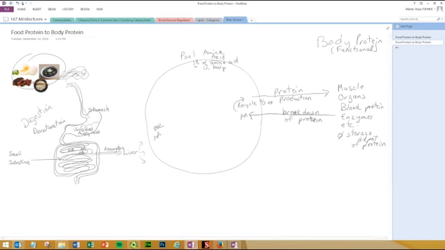We cannot force the production of protein by eating more protein. This protein cannot be forced. This is very, very controlled by tissues.